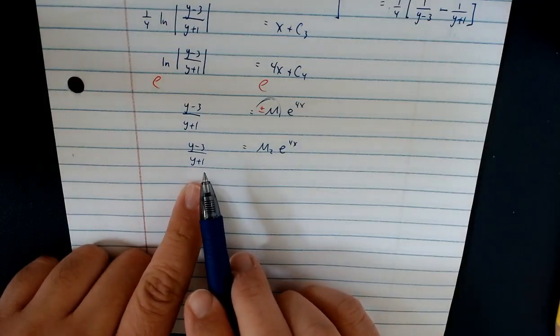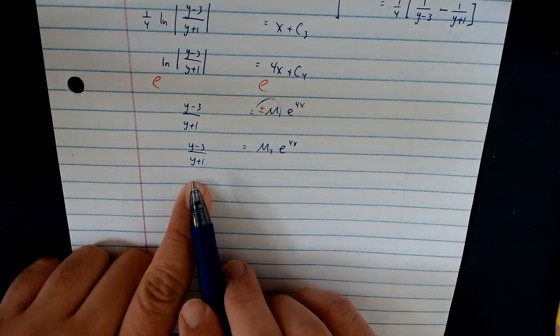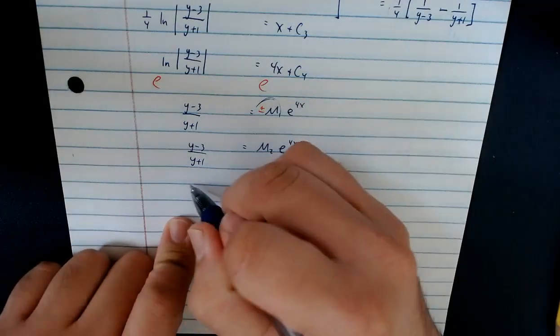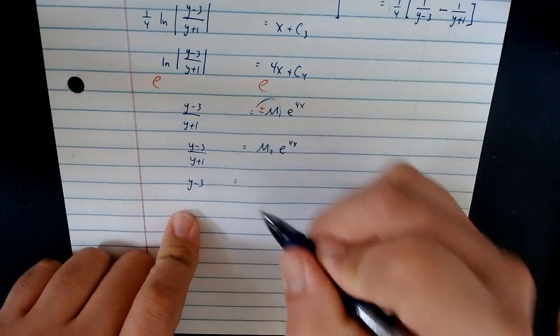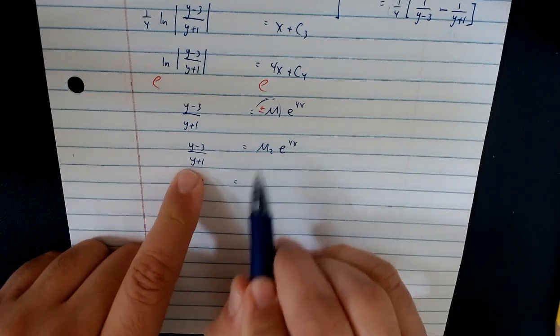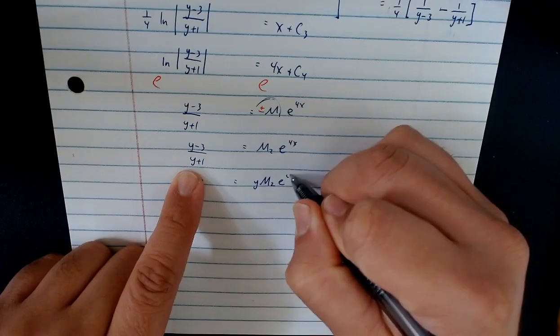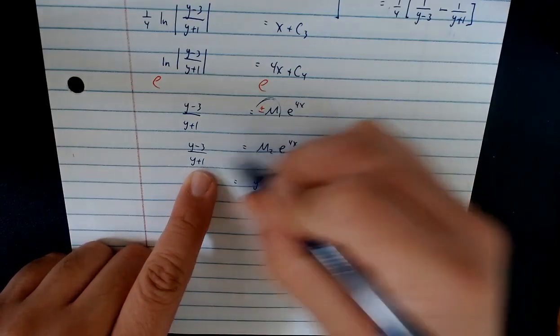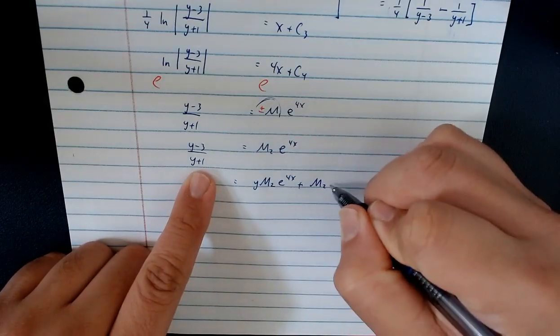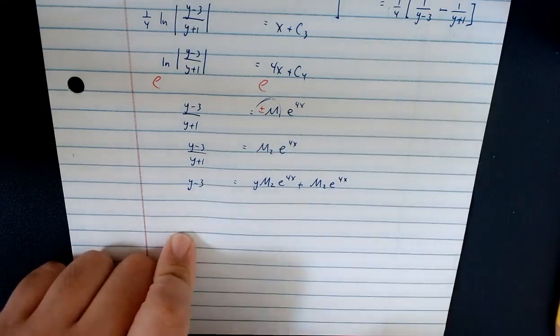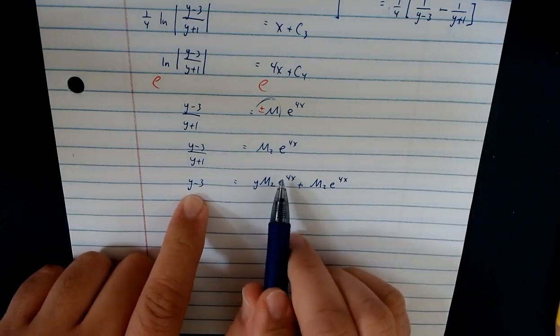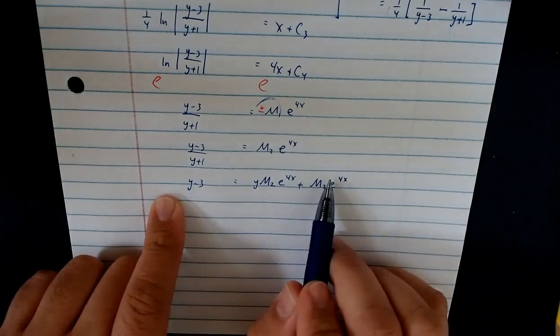And now we're back in algebra. We can solve for y here. We multiply both sides by y plus 1. This gives me y minus 3 equals M2 e to the 4x times y plus M2 e to the 4x times 1. Anything that has a y in it, let's join together. Anything that doesn't, let's move the other way.